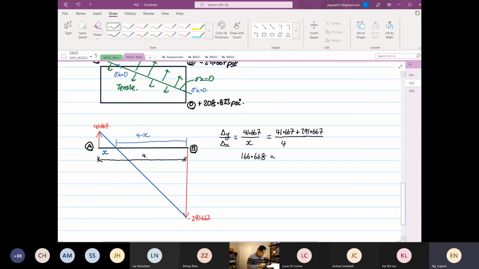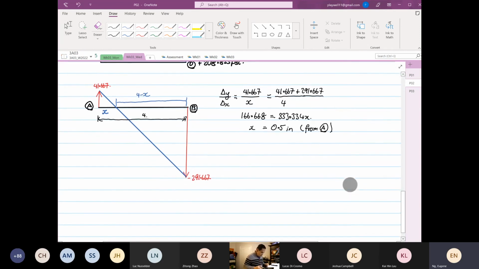And this is equal to 41.667 plus 291.667, which is 333.334 x. So x is equal to 166.668 divided by 333.334, which is 0.5. 0.5 inch is from point A. I think just now I needed to put it as positive and not negative. The answer will be the same.